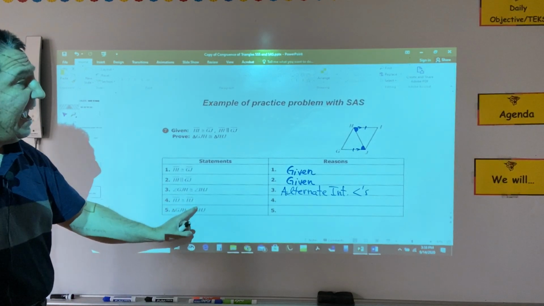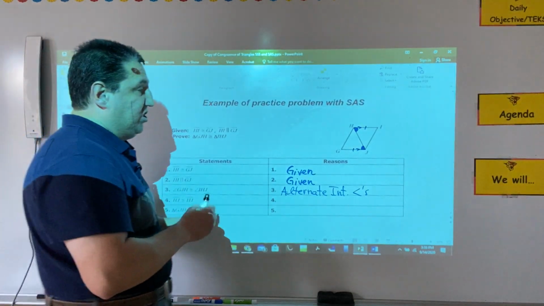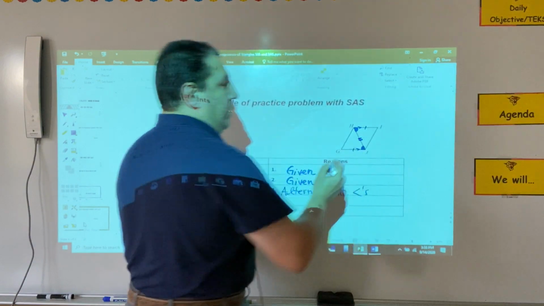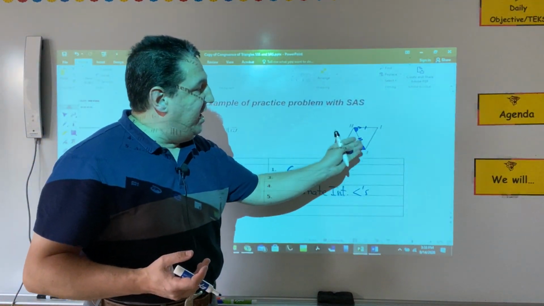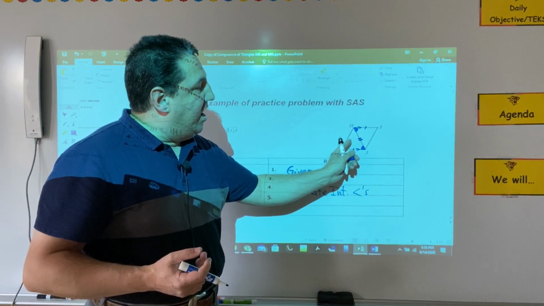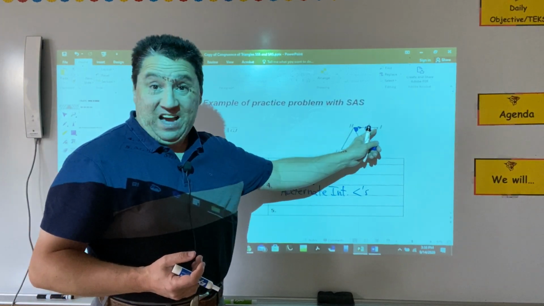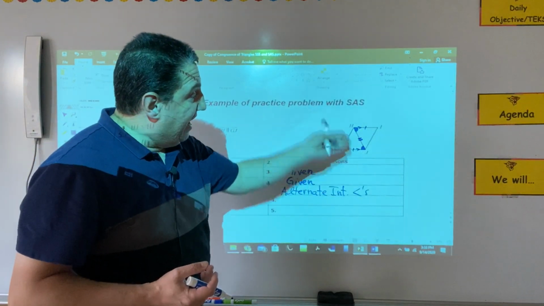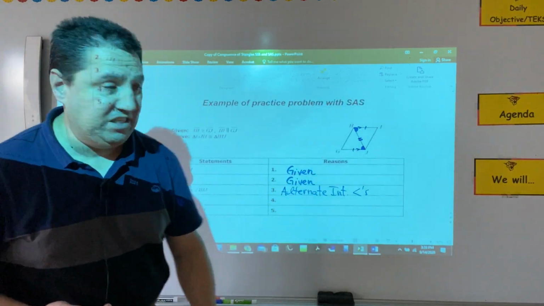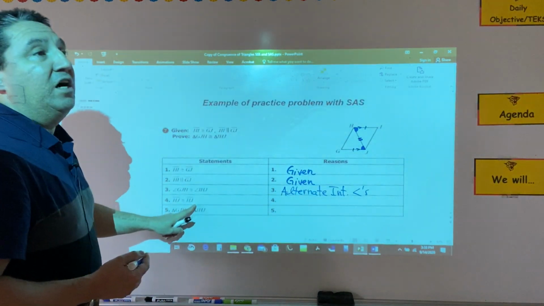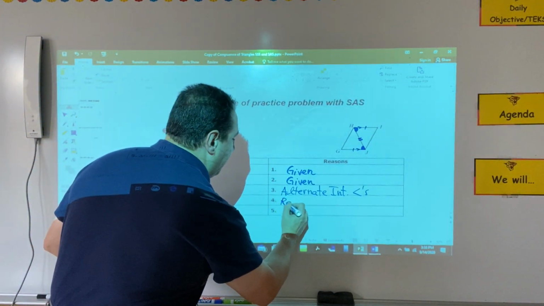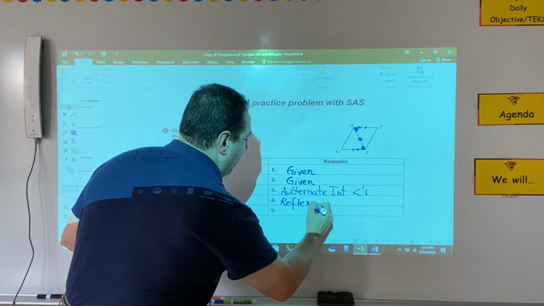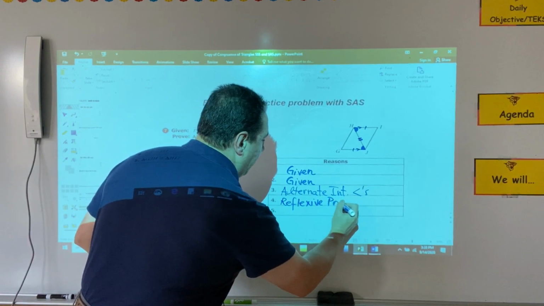Good. Next step, HJ congruent to HJ, and it's obvious. Why? Because HJ is a common side for both triangles. So they share a common side. And how do we know they are congruent? By the reflexive property.